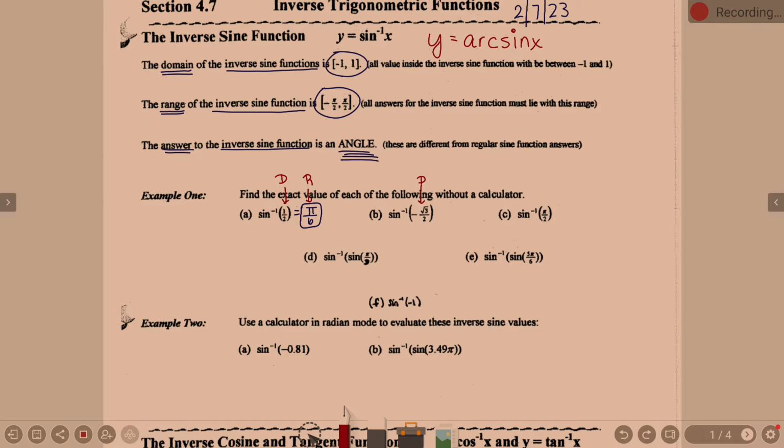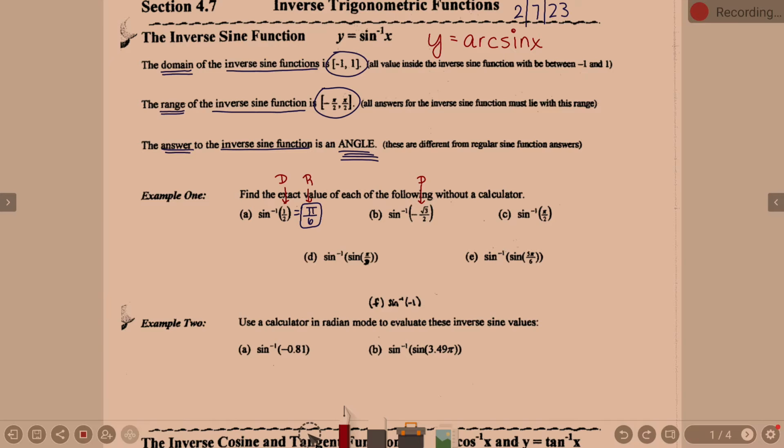What are valid domain values? Between -1 and 1. And exactly, grab the calculator if you need to. But square root of 3 is like 1.7. You divide that in half. Is that going to take me less than 1? Yeah, it's going to take me less than 1. It's in the negatives, so that is a valid domain value. You want to check that.